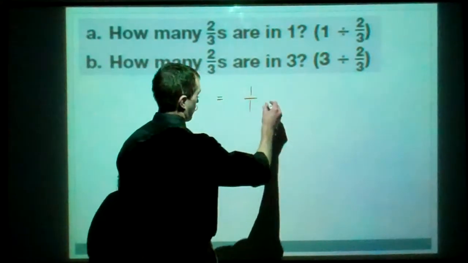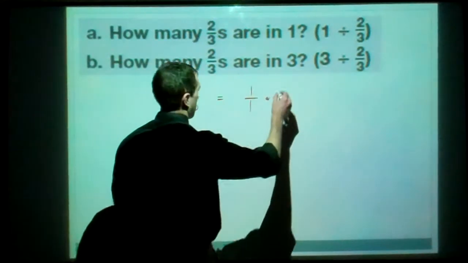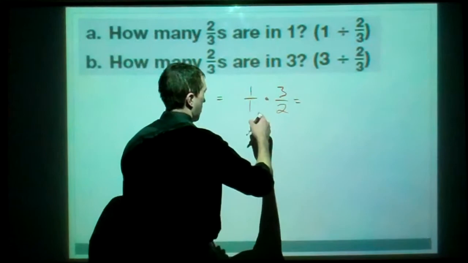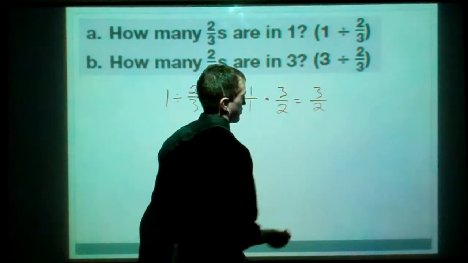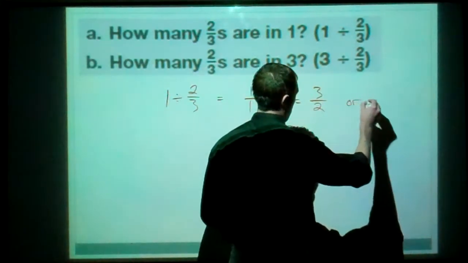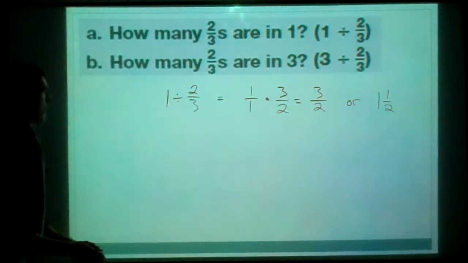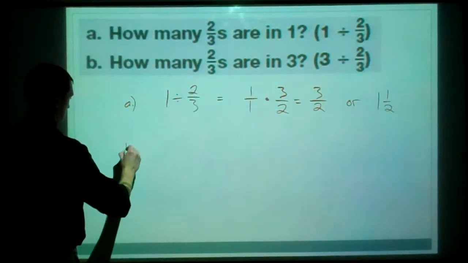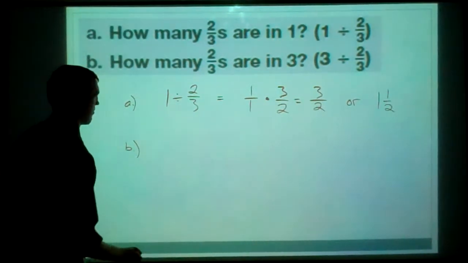We're going to turn this to multiplication, but we have to take the reciprocal first. 1 times 3 is 3. 1 times 2 is 2. So 3 over 2, or 1 1/2 for A. So this would be A. B: How many 2/3 are in 3?